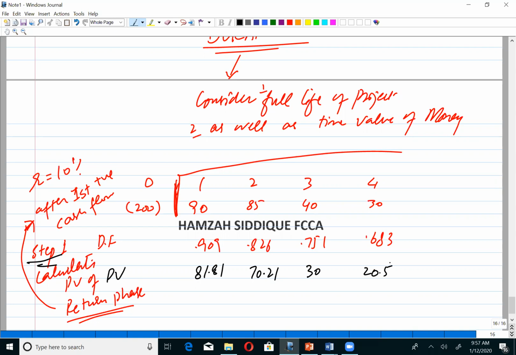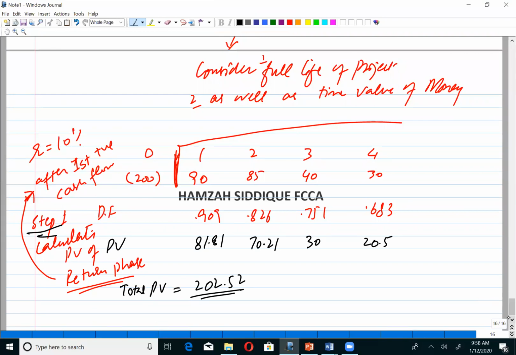Now the total present value of all the return phase: 81.81 plus the rest, so it is 202.52 total present value.